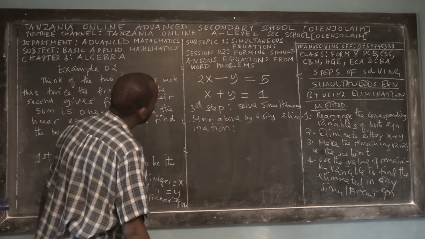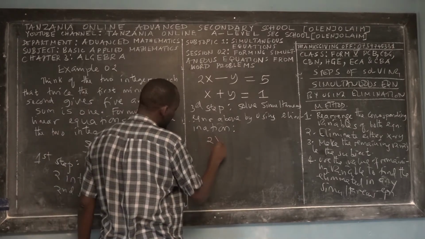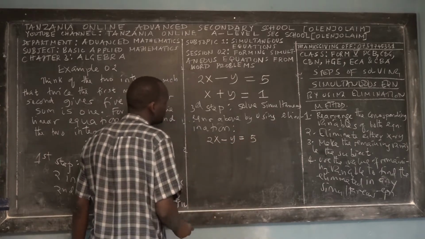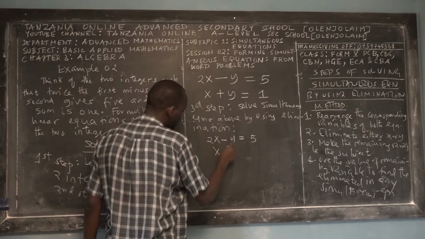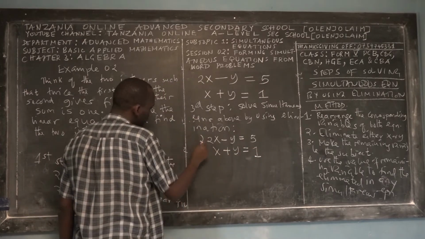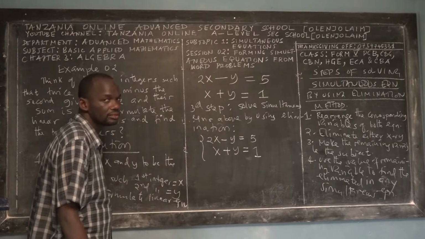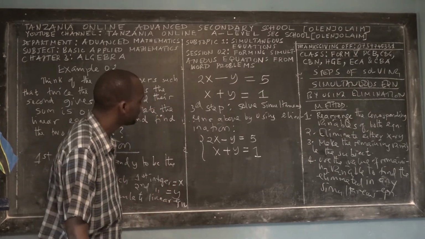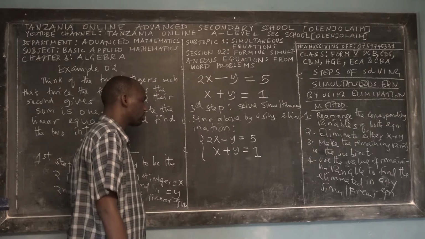So how do you solve it? You take the first equation, 2x minus y is equal to 5, then the second equation, x plus y is equal to 1. Then we have to think how we want to eliminate.